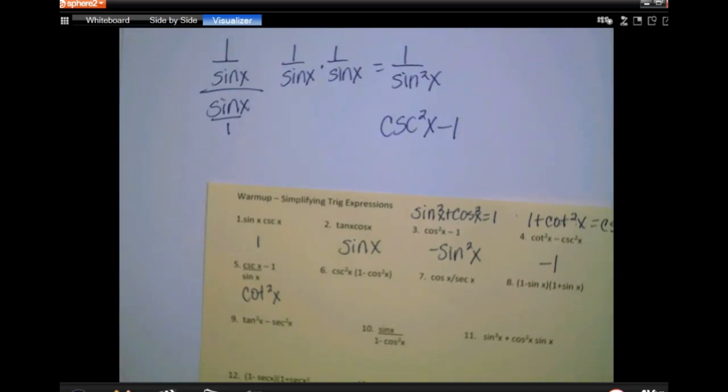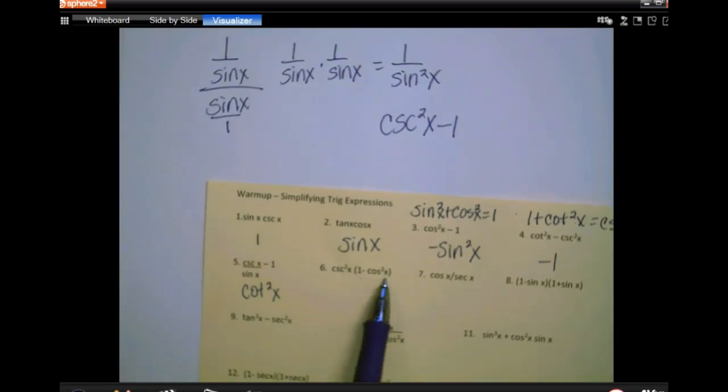Okay, so here's the deal. There's lots of conversations going on, and I was going to work this with you, but I can stop and you can finish. It has to equal one thing, right? It's the cotangent squared. It is squared. Okay, what about number 6? Okay, what is 1 minus cosine squared is sine squared.